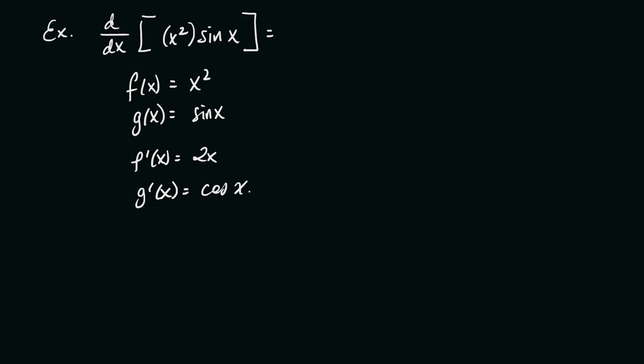Now, if we apply the rule that we had, f prime x times g of x plus g prime x times f of x. Remember, using the commutative property, you can switch around the terms here. So just for uniformity, I'm going to write it the other way around: f of x times g prime of x.